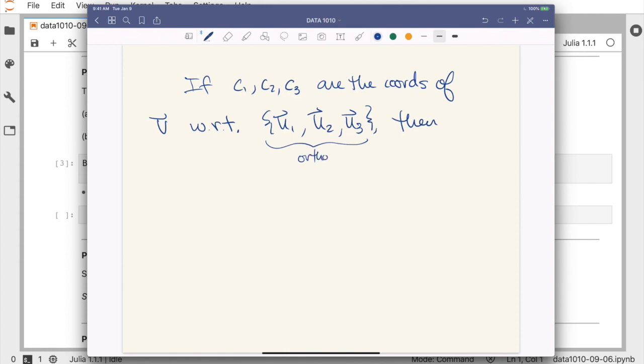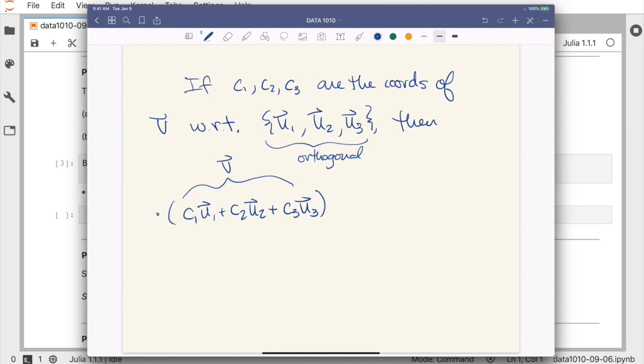So any pair of them, if you dot, you get 0. Then what happens is that C1 U1 plus C2 U2 plus C3 U3 is going to be equal to V if C1, C2, and C3 are the coordinates.